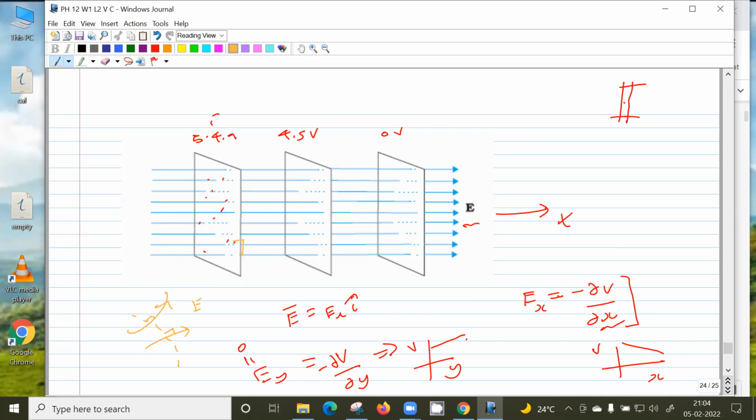Should we not take the area vector here also? No, area vector is area vector. Why do you want to take the area vector? We just have to use this formula: electric field is the gradient of potential. That implies the direction of the electric field is perpendicular to the surface, or parallel to the area vector.